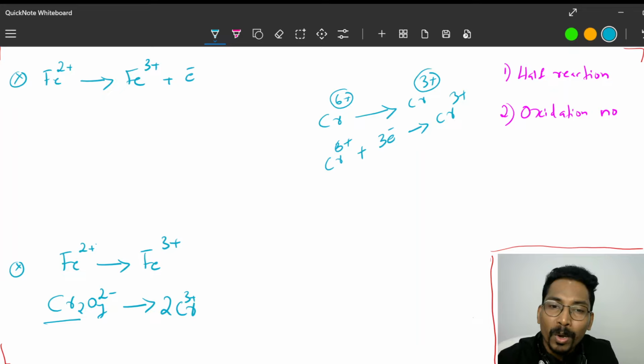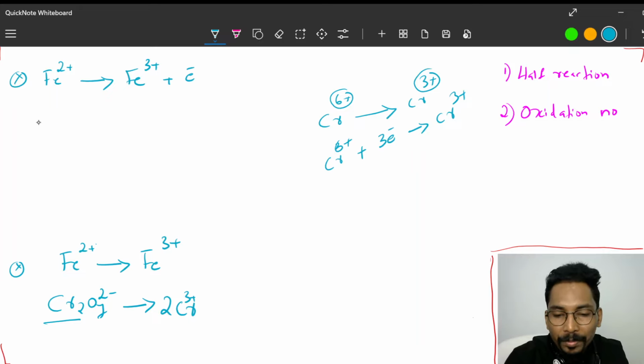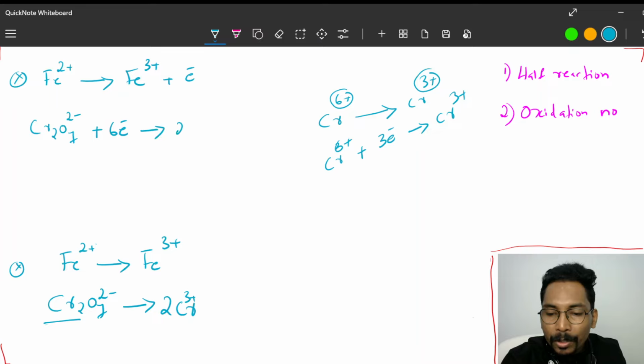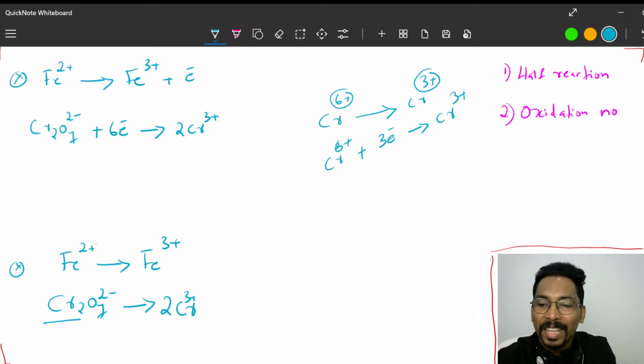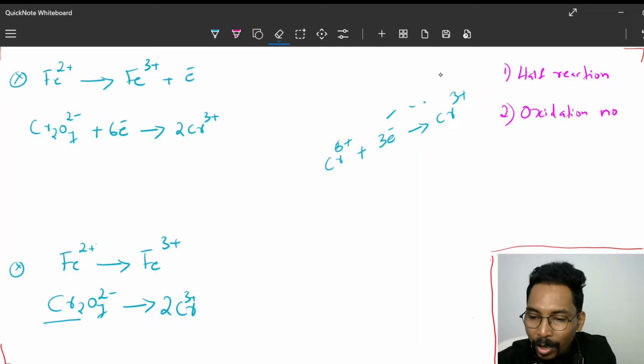So what is the total number of electrons gained? That is 6 electrons. Clear? So you can write Cr2O7 2- plus 6 electrons gives 2Cr3+. That is the equation. Got it? I hope all of you are clear.